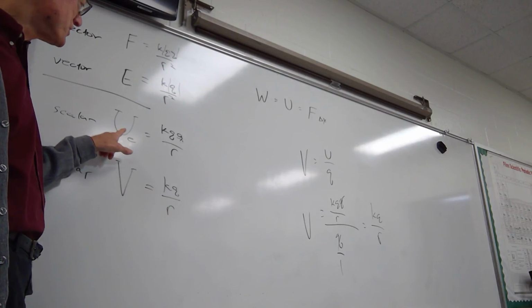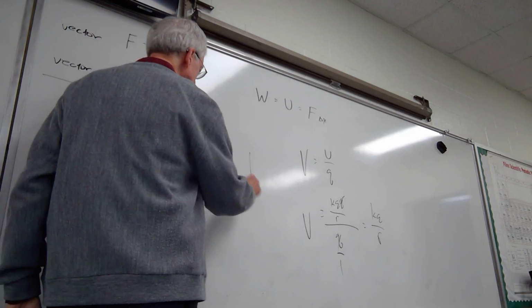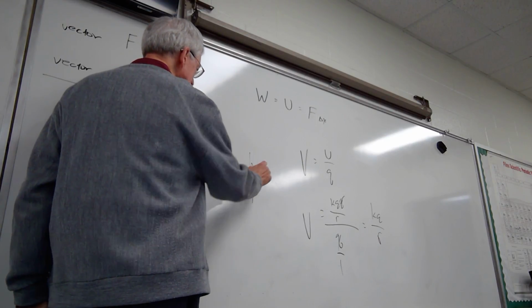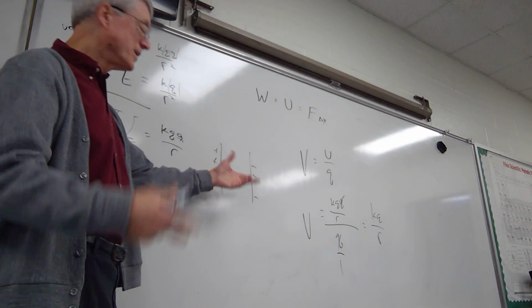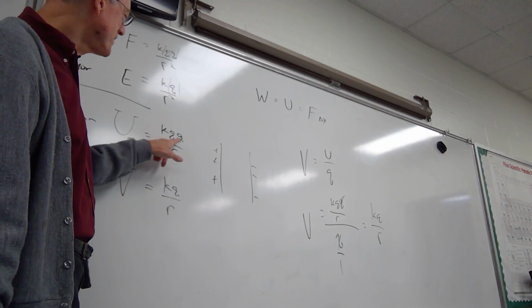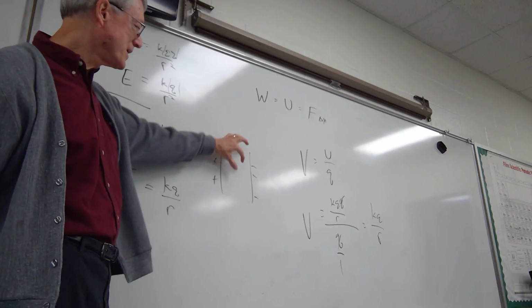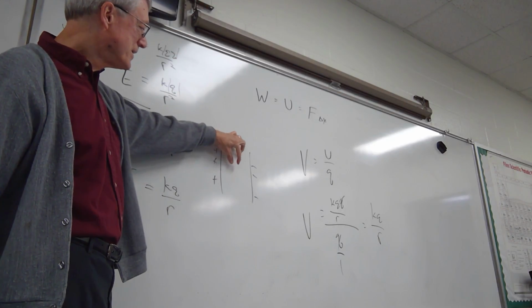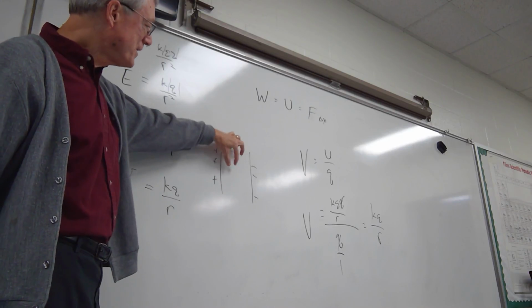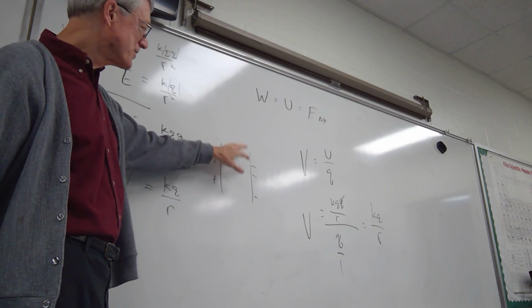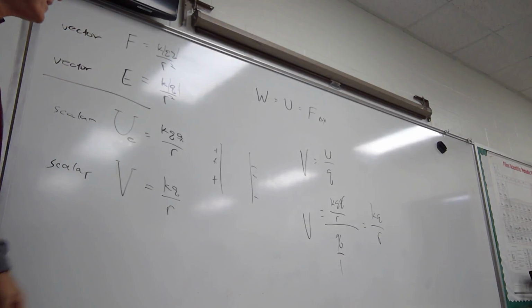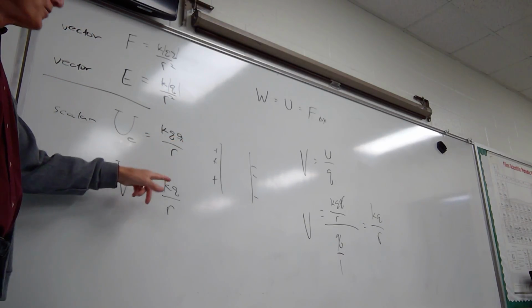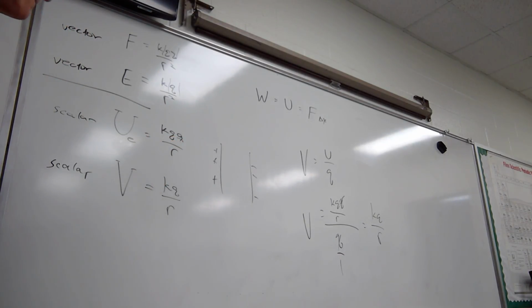For potential energy, if you go back to the parallel plates, if there's nothing between the plates, nothing has potential energy. You've got to have a test charge to have potential energy. It's got to have something in the field, and then the field gives it potential energy. But if nothing's in the field, nothing has potential energy. So you have to have a test charge there. So that part should make sense to you.